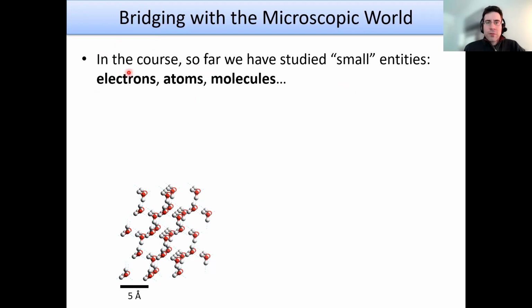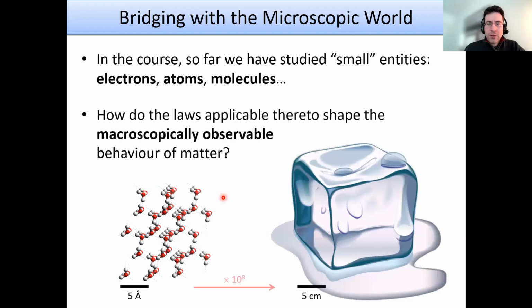Now, in the course, so far, you have studied small entities like electrons, atoms, and molecules. So this picture here shows water, ice. And the question is, how do we link all of these phenomena that you have already seen with the macroscopic world?